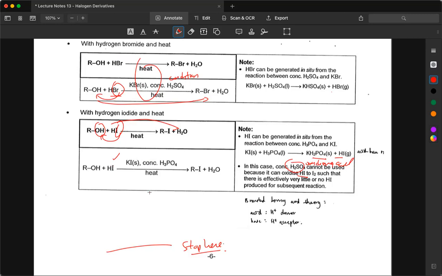So in this case, we do not use concentrated sulfuric acid if we want to add iodine to the molecule, because concentrated sulfuric acid is an oxidizing agent that could oxidize HI to I2, such that there's effectively very little or no HI available for subsequent reaction.